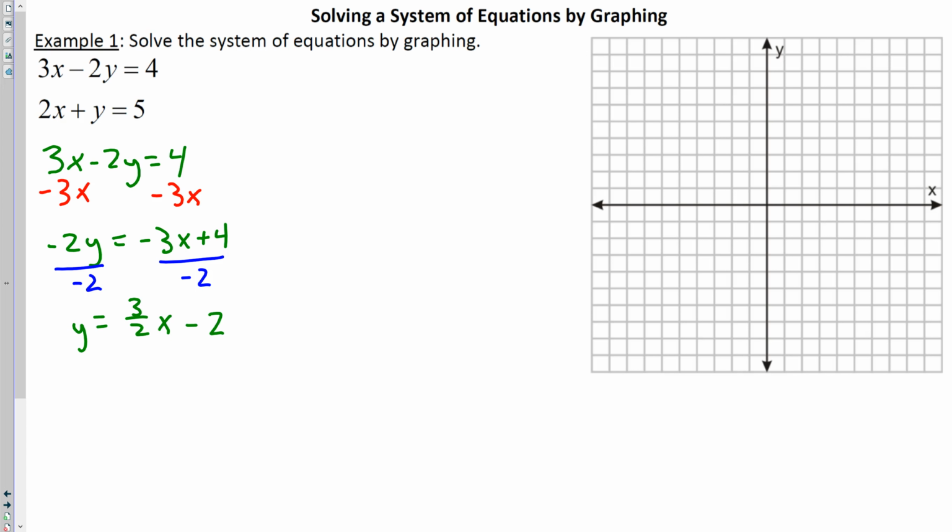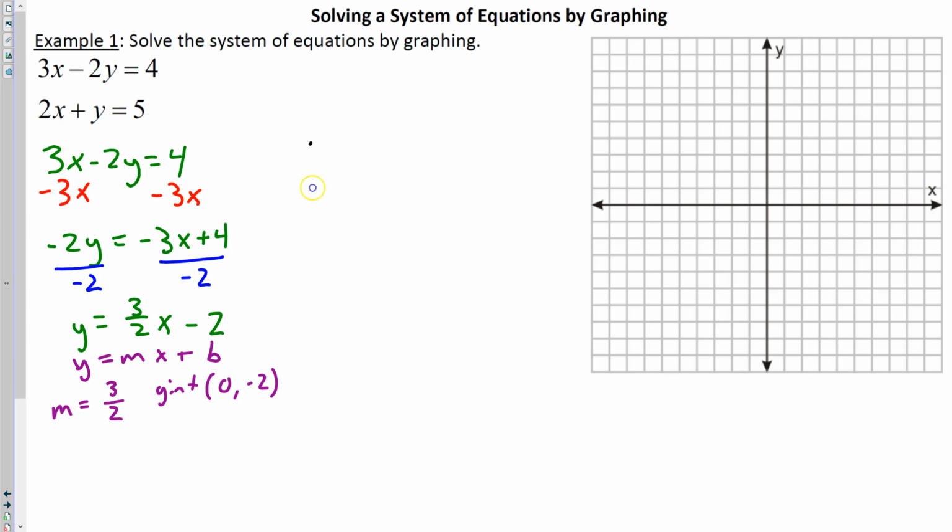I know some information about my line now because it's in the y equals mx plus b form. I now know the y-intercept point. So my y-intercept is that b value. So I will have a point at (0, negative 2). And I also now know my slope, which can help me generate more points on my line once I have one point already on there. So that's our coefficient of x, the number in front of x, which is 3/2.